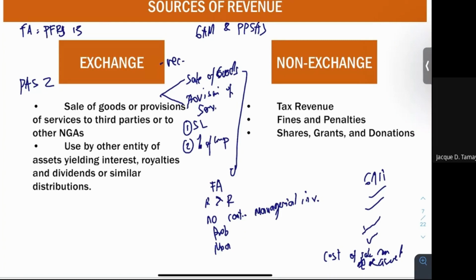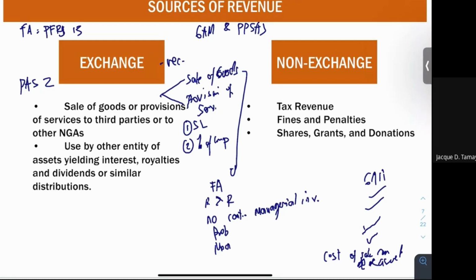So in short, it is more of a recognition over time. When you say straight line method, that is a series of time. Percentage of completion takes a period of time before a service is completed. Therefore, provision of services is mostly over a period of time.